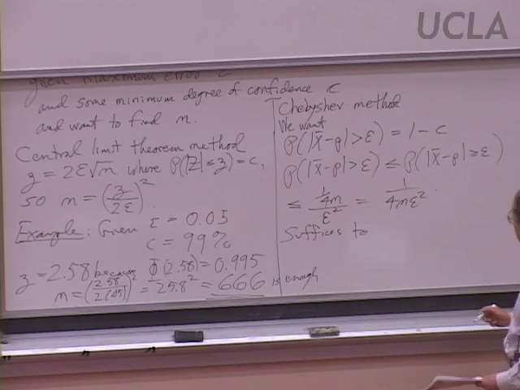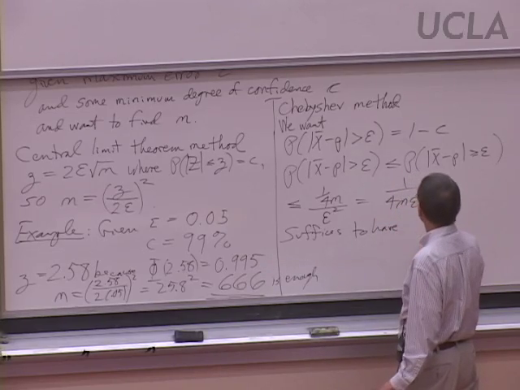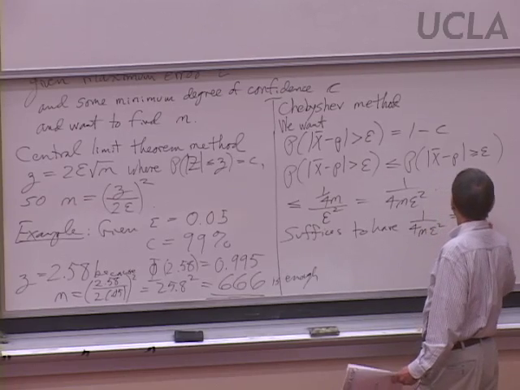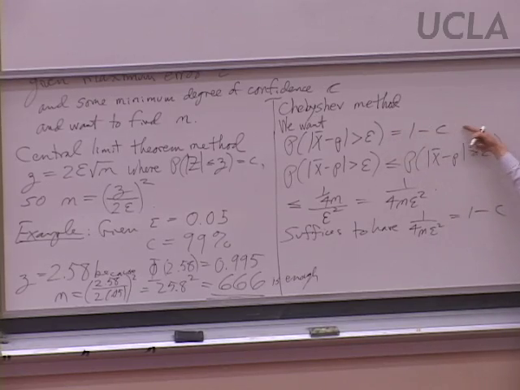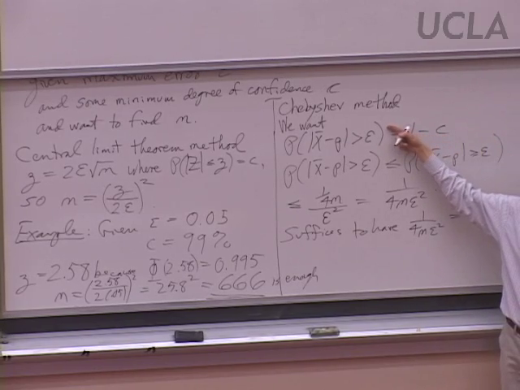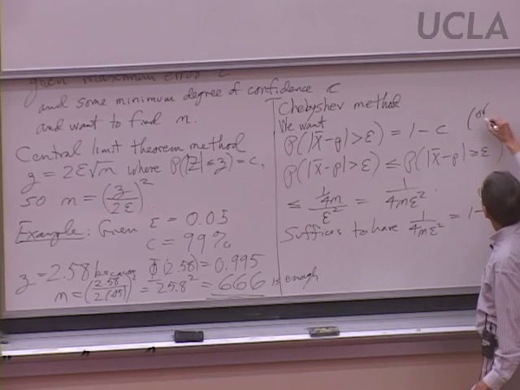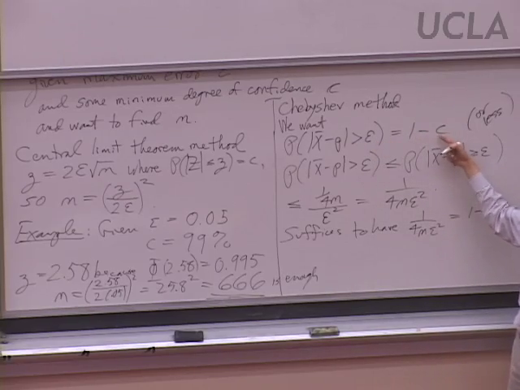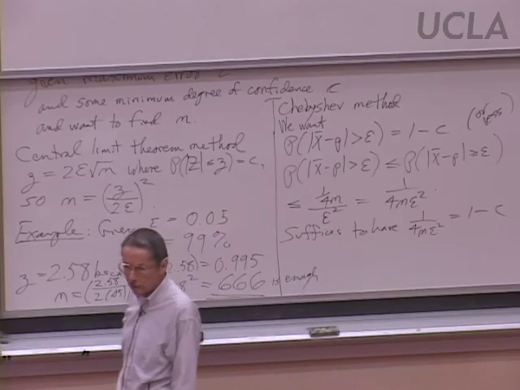Okay, so we have that guarantees that, well, not that this probability is exactly equal to 1 minus c, but it'll be that or less.